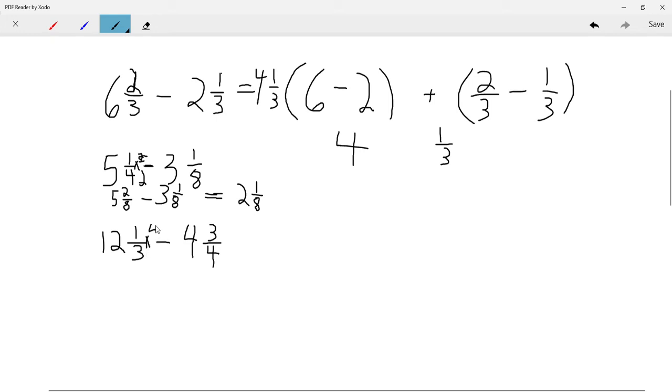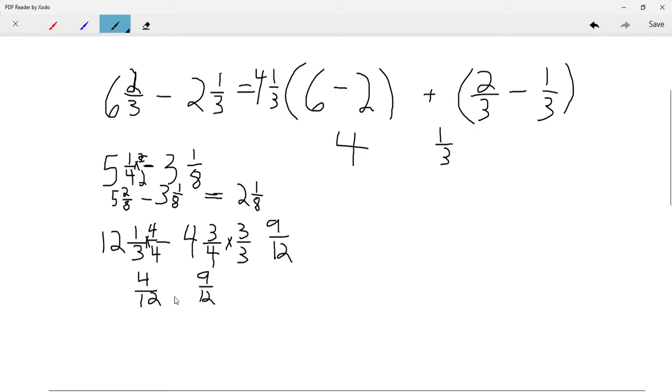So I'm going to have to multiply this one by 4 over 4. So 1/3 is 4/12, and I'm going to have to multiply this one by 3 over 3, and then 3 times 3 is 9, 4 times 3 is 12.